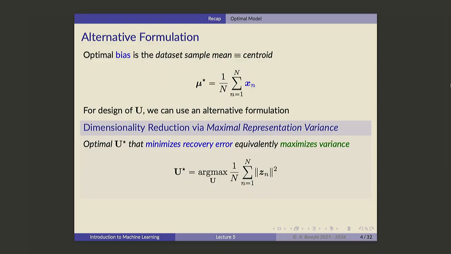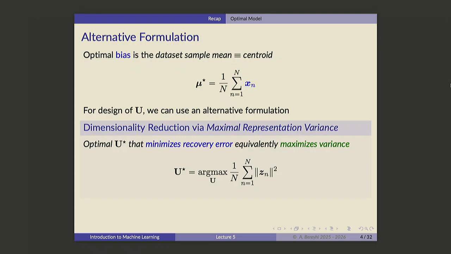For the choice of u, we took quite some time to understand that instead of minimizing the recovery error, we could instead maximize the variance. This means that for every single point inside your data set, x1 is compressed as z1, x2 as z2, and so on till the last one.